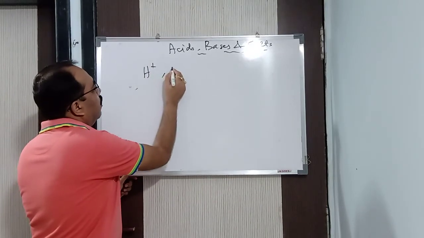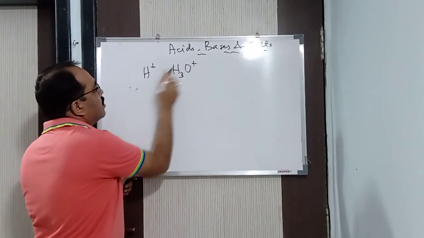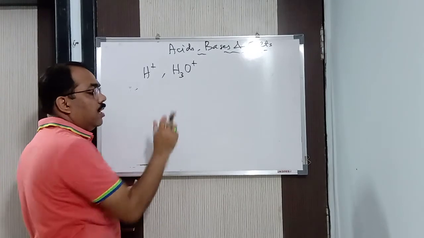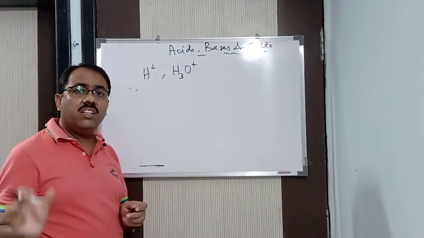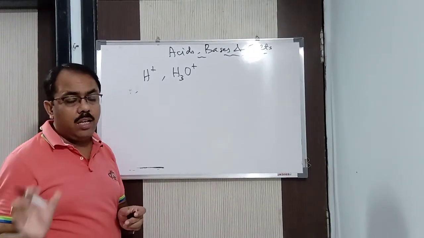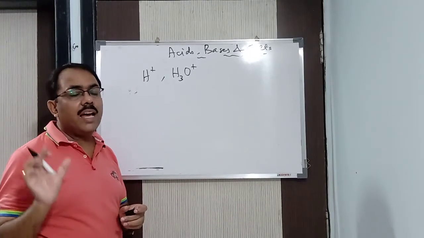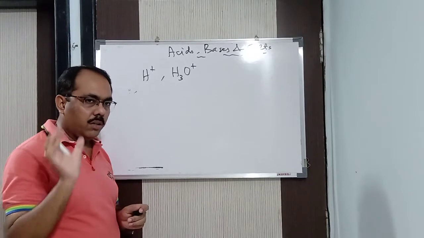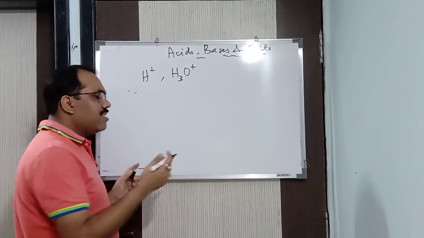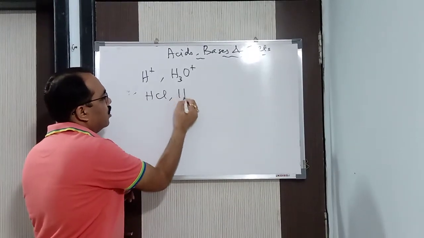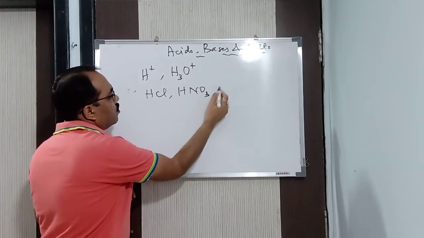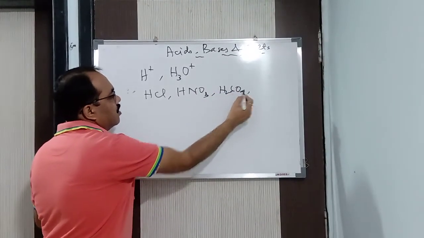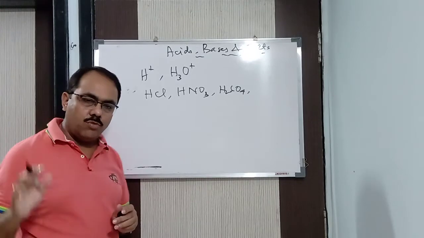H plus ion or H3O plus ion, that is hydrogen ion or hydronium ion, as the only positively charged ion in its aqueous solution. That is called an acid. Examples of acids are HCl, HNO3, H2SO4, CH3COOH, carbonic acid H2CO3 and so many.